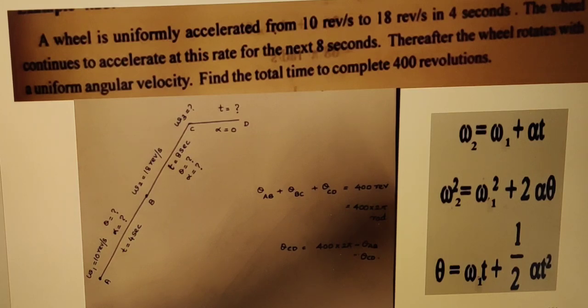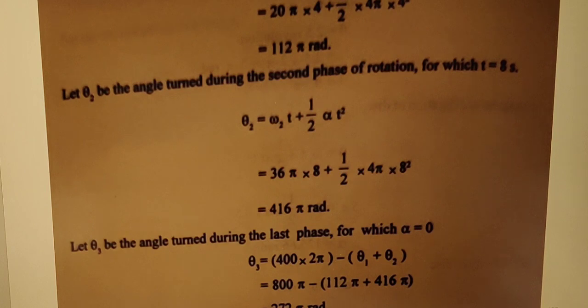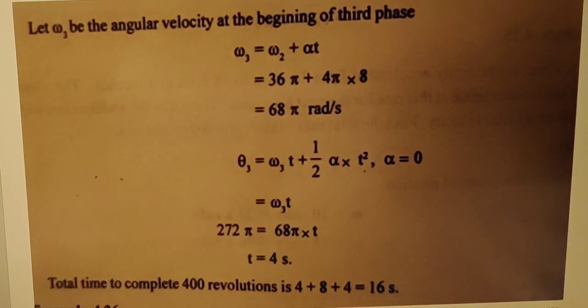You have to calculate omega 3 from the previous phase, that is phase BC. So omega 3 is equal to omega 2, that is 36 pi plus alpha into t, which is equal to 68 pi radians per second.